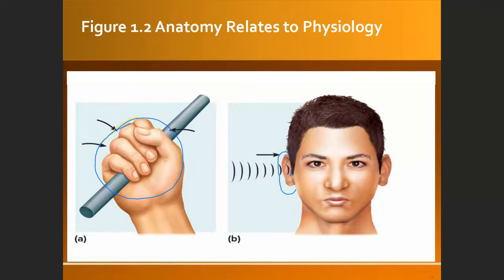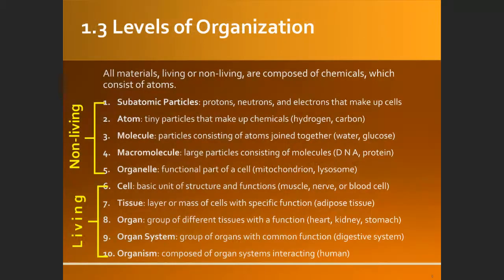So structure fits function, and this is a really important, basic, fundamental piece of knowledge about anatomy and physiology. The anatomy or structure will always fit the physiology or the function. Now, if we look at humans, a human is actually an organism.